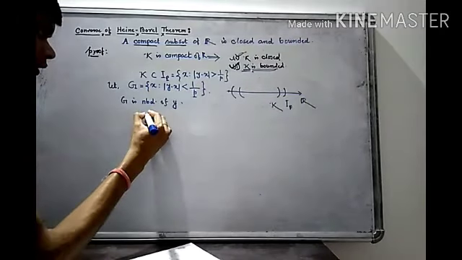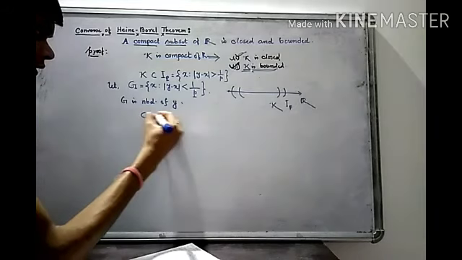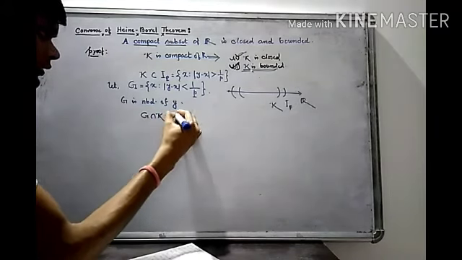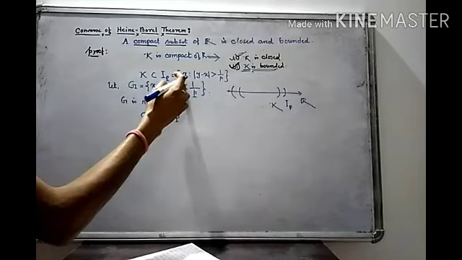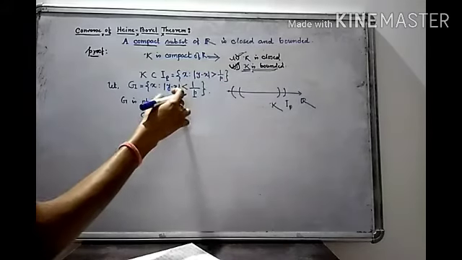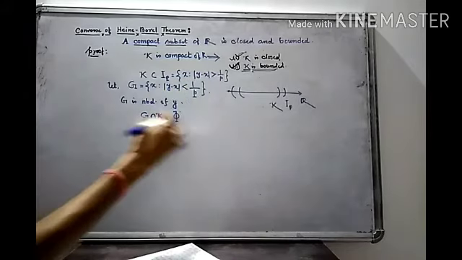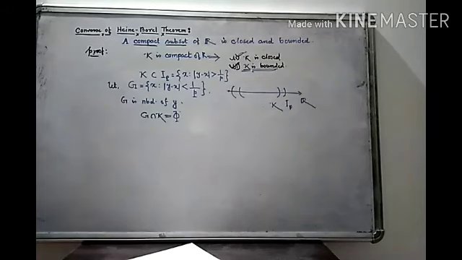That means if we take G intersection K, it is fine, because here we are taking all those elements which are greater than 1 by p, and here strictly less than 1 by p. So the intersection is phi.